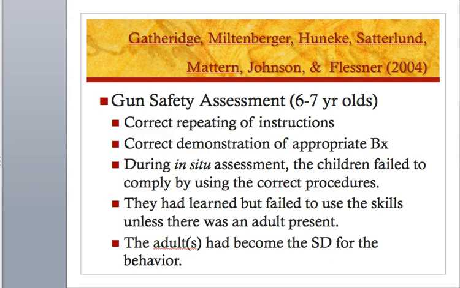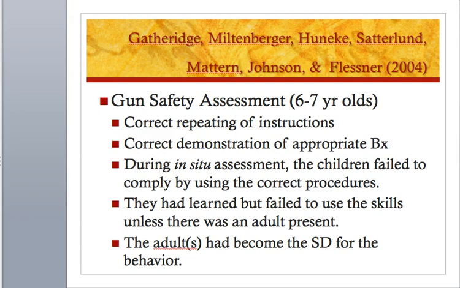So this was training gun safety and doing gun safety assessment with 6- and 7-year-olds. And he was able to demonstrate using BST that children were trained what to do when they encounter a gun. And the children were able to correctly repeat the instructions, and they were able to correctly demonstrate the appropriate behavior.